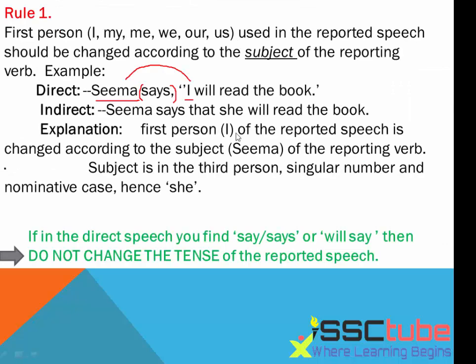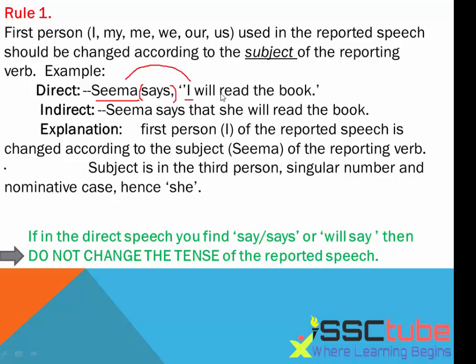So she will be used in place of Seema. Seema says I will read the book. Seema says that she will read the book. The first person I of the reported speech is changed according to the subject, that is Seema, of the reporting verb. I will become she. I hope you understood it.